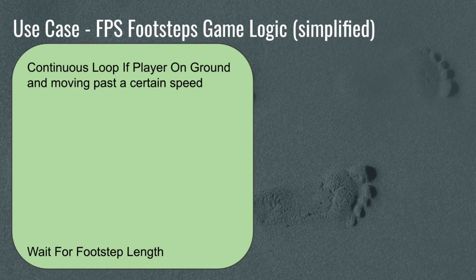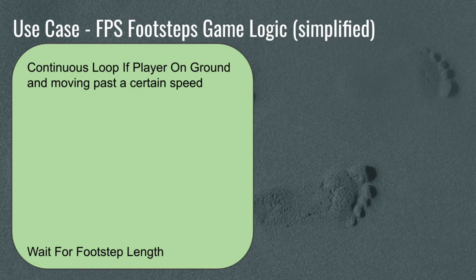If we're jumping up in the air, then we're not going to play footsteps. So we have to be on the ground. That's the first condition. Also, we can't just be holding in place. If we hold in place, we shouldn't play footsteps either. So it has to be on the ground and also moving past a certain amount of speed. Once we've got those two conditions working, we can go on to the next thing.